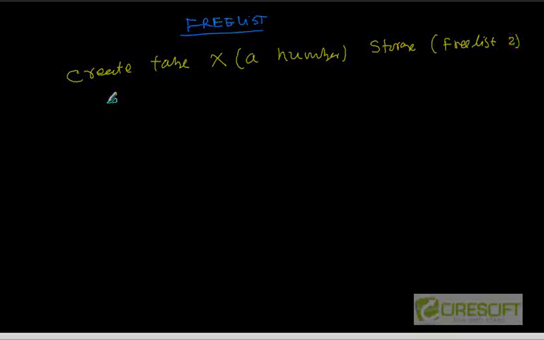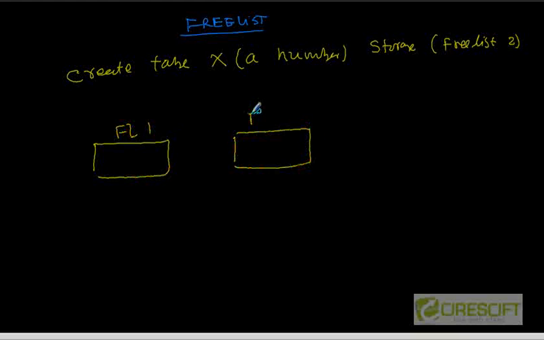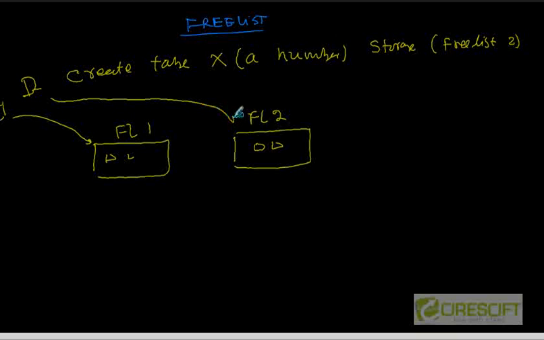So for this object X we are going to have two free lists, free list 1 and free list 2, with some empty blocks stored in each. Whenever insert 1 happens, it might see free list 1. If at the same time insert number 2 comes, it's going to look at the second free list.